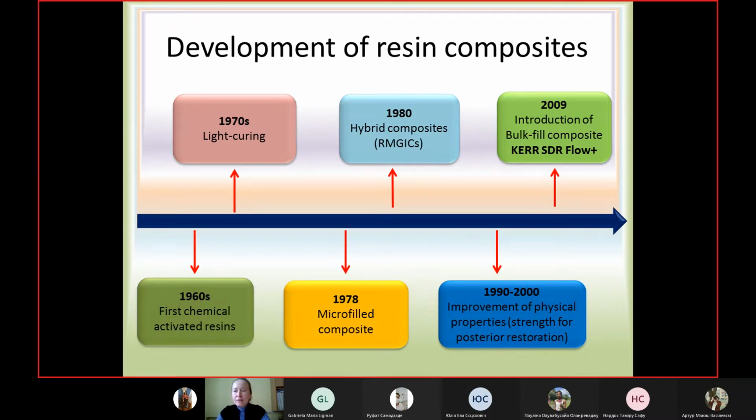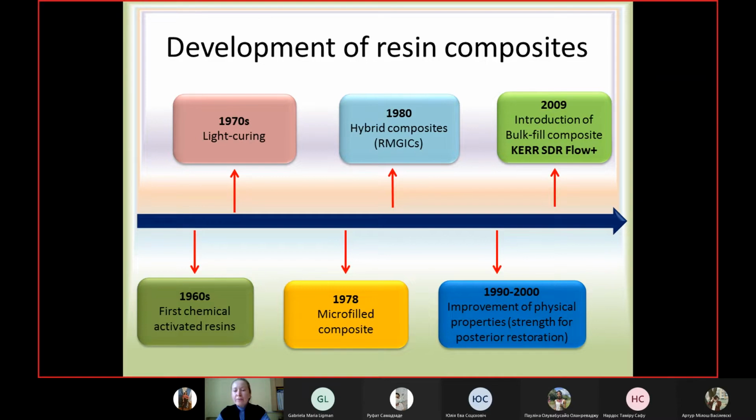And in 2009 a special material, bulk fill composite material, was introduced by the company Kerr. Actually, it was the first company who introduced this material on the market.